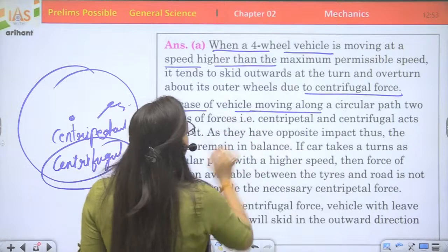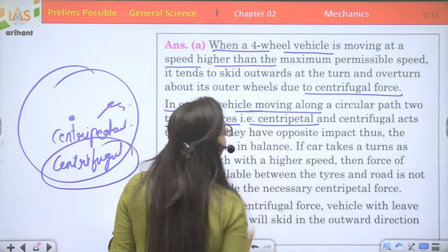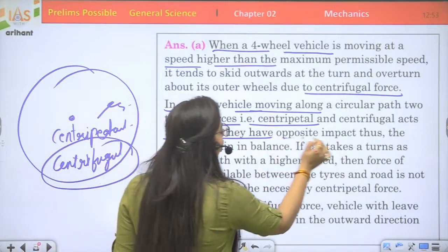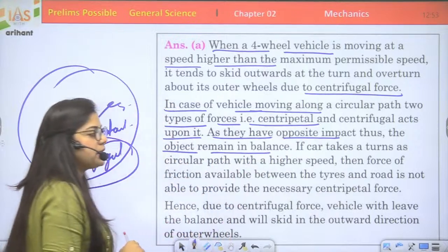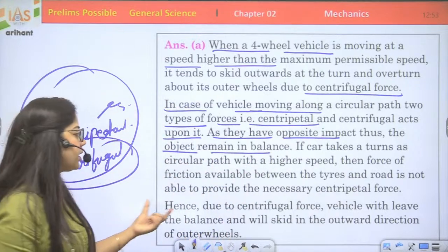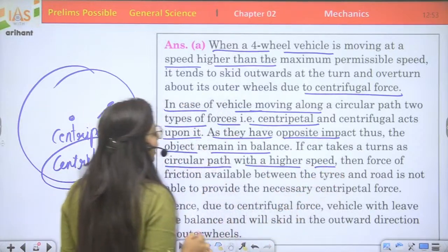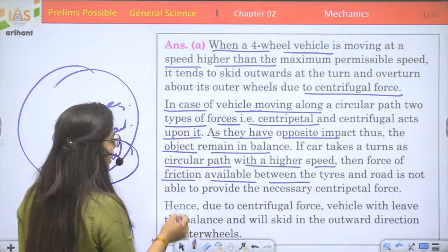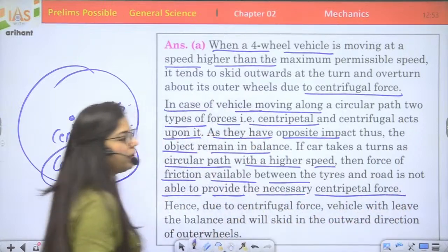In case of a vehicle moving along a circular path, two types of forces, centripetal and centrifugal, act upon it as they have opposite impact, thus the object remains in balance. If a car takes a turn on a circular path with a higher speed, then the force of friction available between the tires and the road is not able to provide the necessary centripetal force.